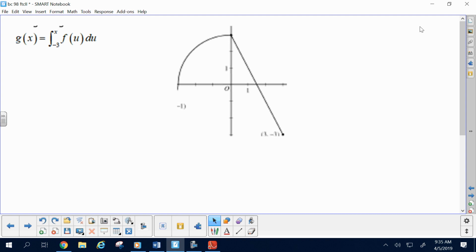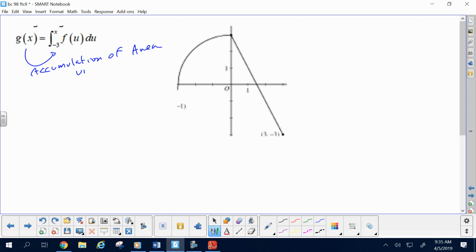If you think of an integral as an accumulation of change, then you could also think of this problem as g is the accumulation of change, or in this case, that change is represented by the area under f, yeah?